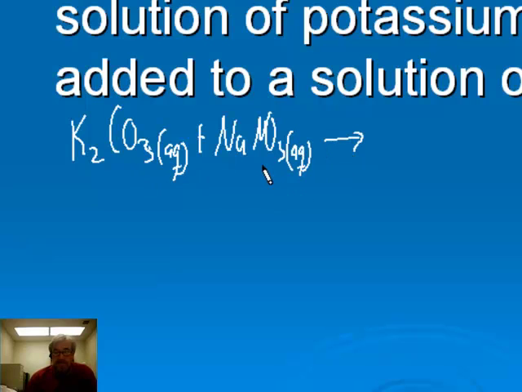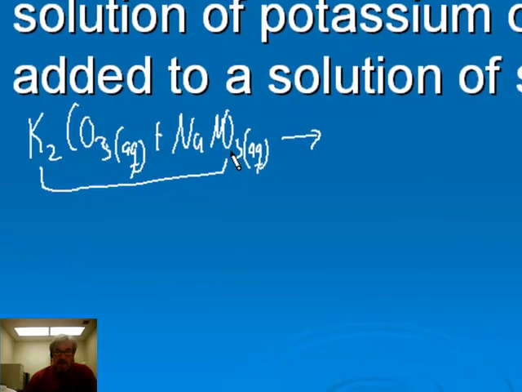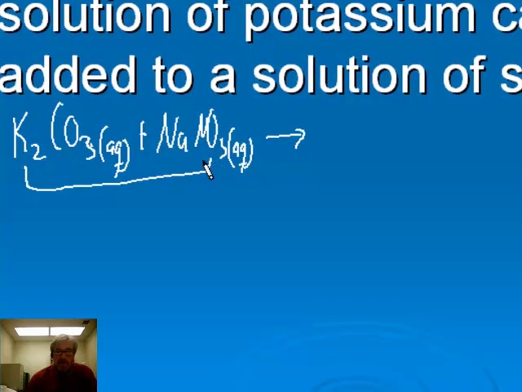Neither of these are acids or bases, so we're on to finding if there's a precipitation. If I put potassium together with nitrate, or with anything, it's going to be soluble because potassium is a group 1 salt. If I put sodium together with carbonate, or again with anything, it will be soluble. So I'm not going to get a precipitate, so what's happening is nothing. This is a no reaction.